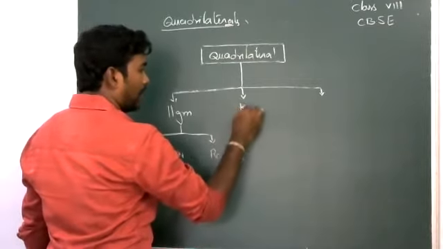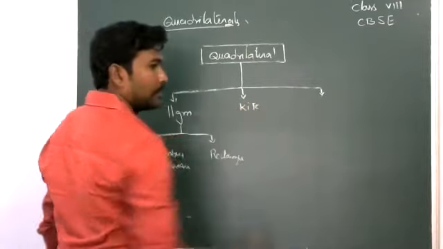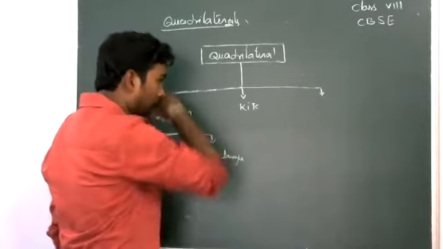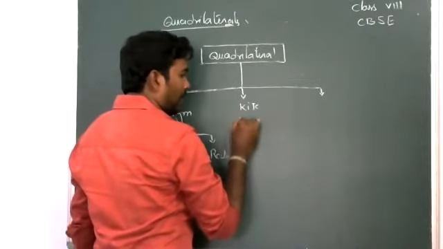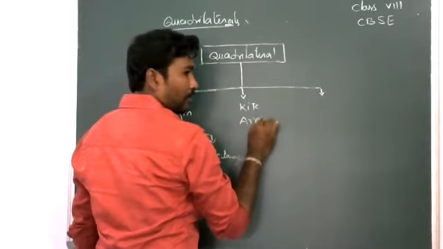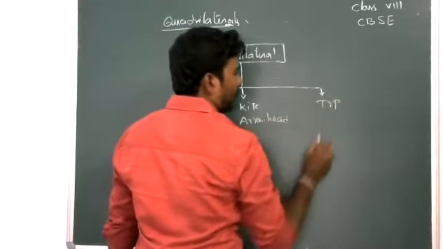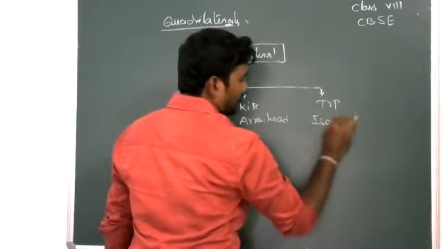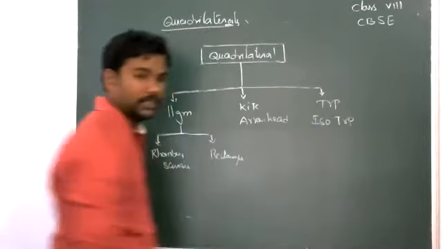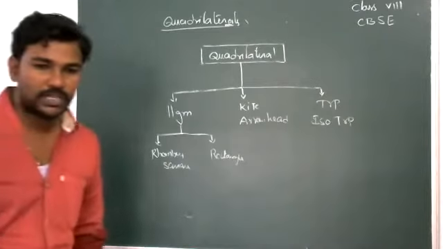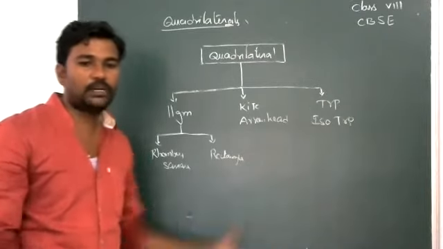Here kite, and then arrowhead. This one is trapezium, and isosceles trapezium. This is the flow chart of the quadrilateral.